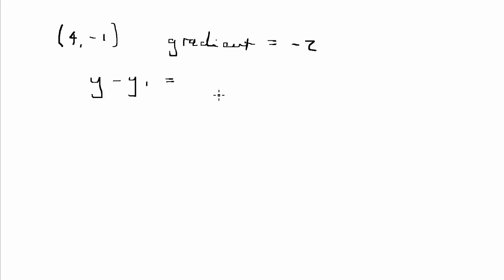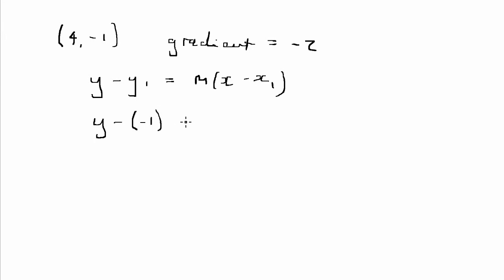So suppose I want to find the equation of the line that passes through the point 4, negative 1, and which has a gradient of negative 2. So the new method suggests we just write y subtract y1 is equal to m into x subtract x1, which in this case means we'll be writing y subtract the y coordinate, which is negative 1.